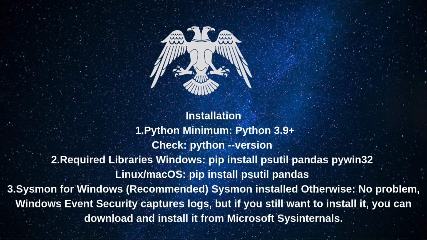Sysmon for Windows is recommended. If you don't have Sysmon installed on your system, no problem. Windows security events are still captured in logs, but if you still want to install it, you can download and install it.